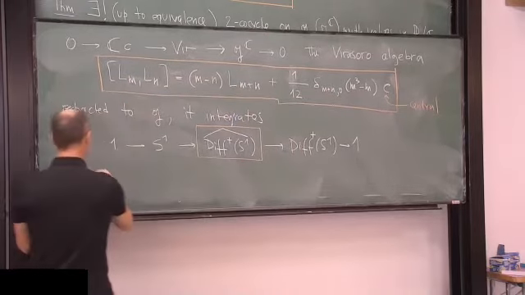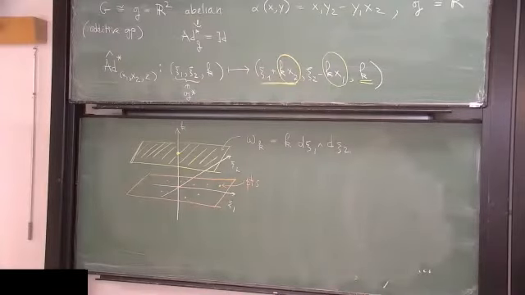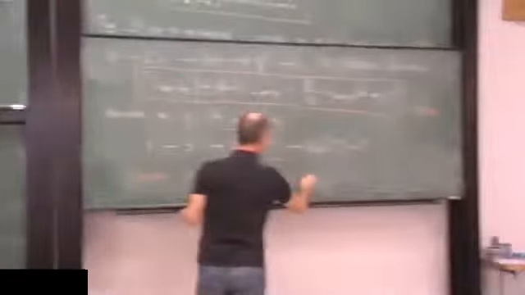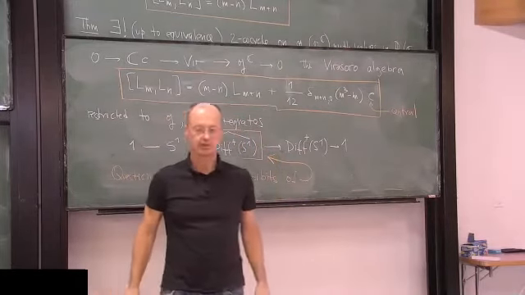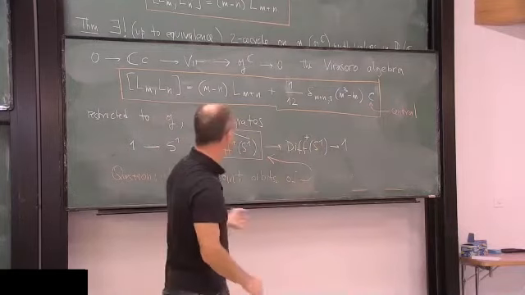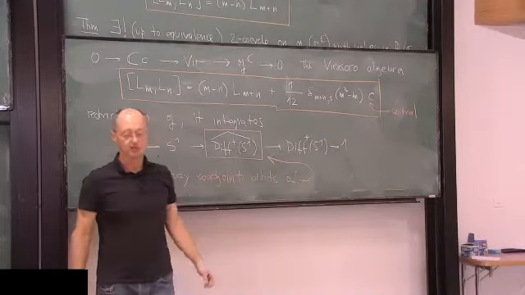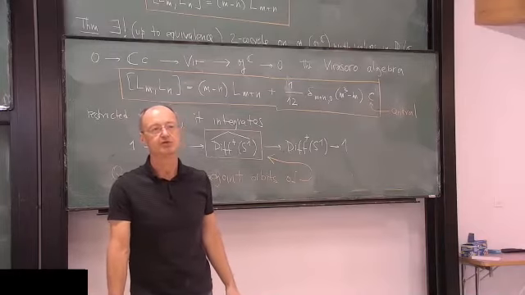So the question is: study coadjoint orbits of this gadget. In principle, perhaps at this point, I should give you some motivation why this is an interesting question, but perhaps let's postpone the motivation to the end of the mini course.